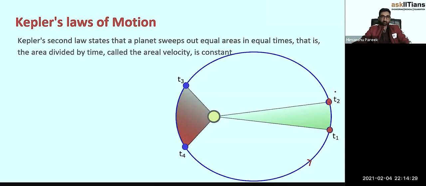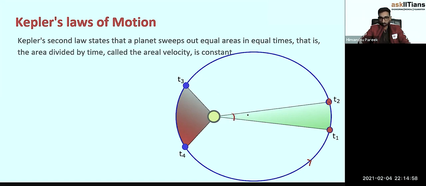Basically, the planet is going from T1 to T2 and then it is going from T3 to T4.